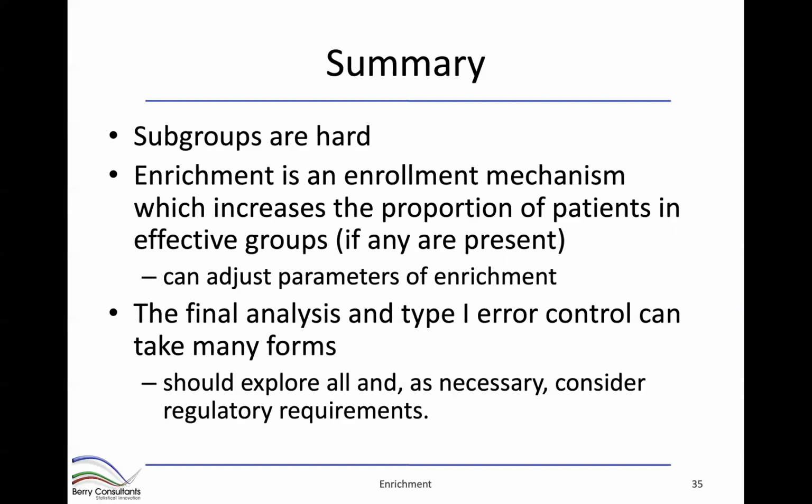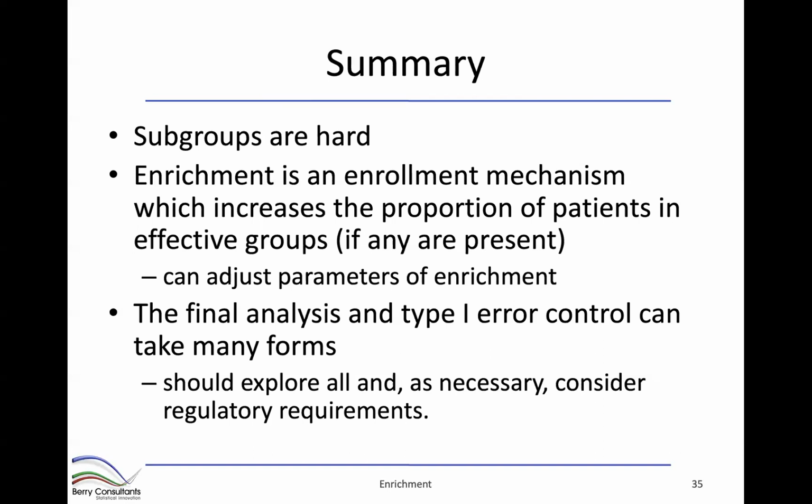You can adjust the parameters of enrichment: how often you do interims, the threshold for enriching. You saw DAWN did something differently with predictive probabilities, but essentially enrichment does work for this purpose, especially in the situation where you have small groups that are effective.